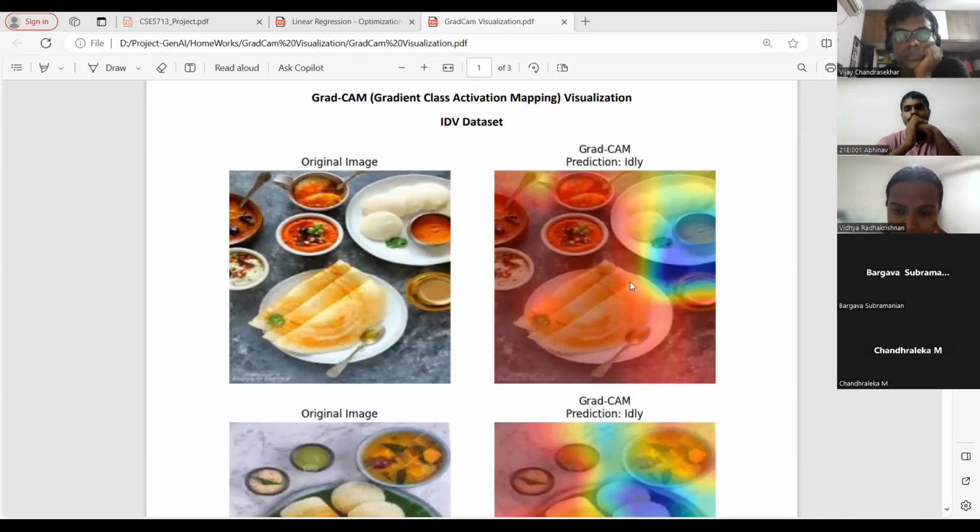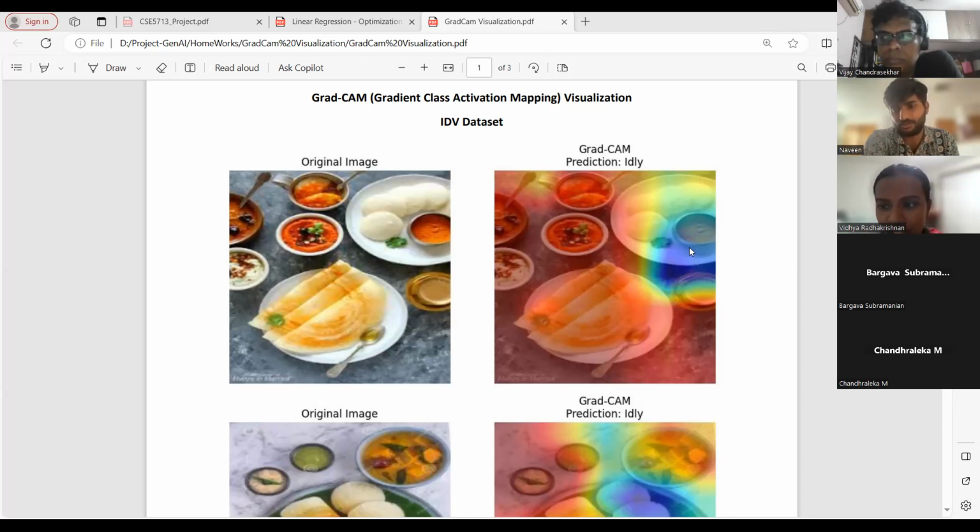What I understand from this image is that there are blue, yellow, orange spots around this area. The blue ones have very less weightage, correct me if I'm wrong, Bhargav. No, the blue one has the greatest weightage. That is where the model is focused on.